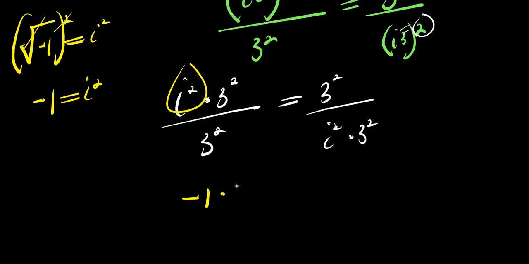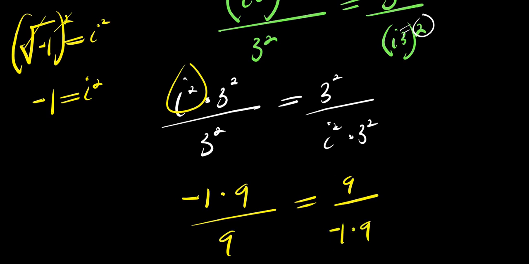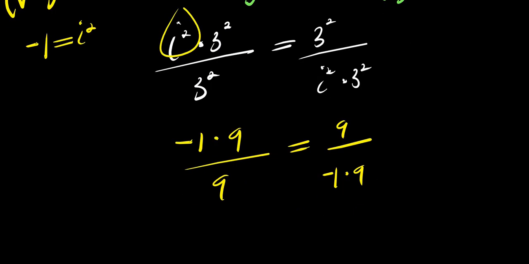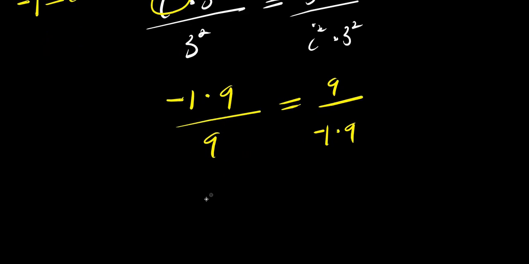We have negative 1 times 3 power 2, and 3 power 2 is 9. We have negative 1 times 9 divided by 9 equals 9 divided by negative 1 times 9. Negative 1 times 9 is just negative 9 divided by 9 equals 9 divided by negative 9.